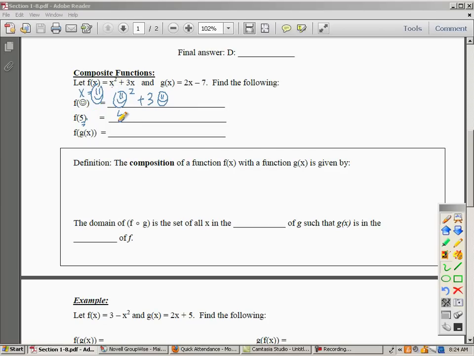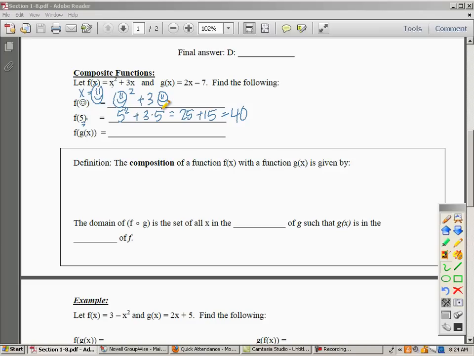So we're going to say 5 squared plus 3 times 5, and because these are just numbers, we would actually ask you to evaluate them. 25 plus 15 then ends up being 40. You always want to simplify if possible. You can't simplify the first two though because they're not common terms.